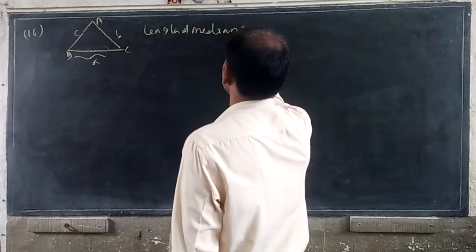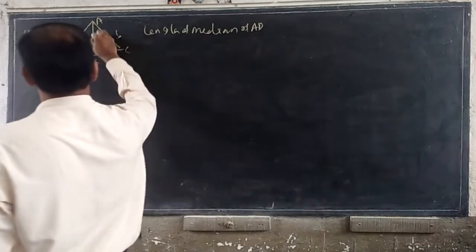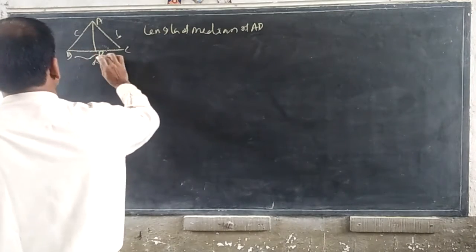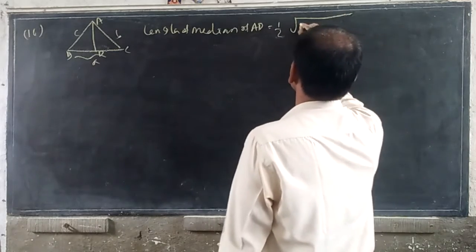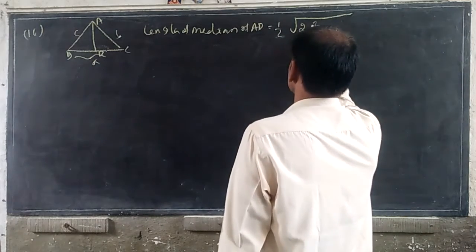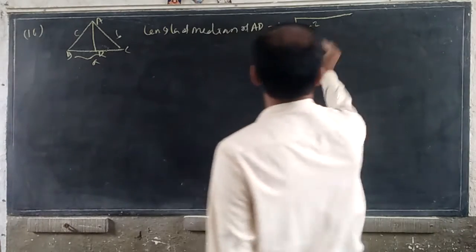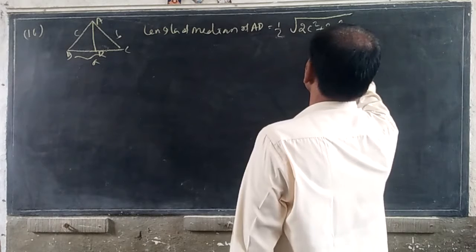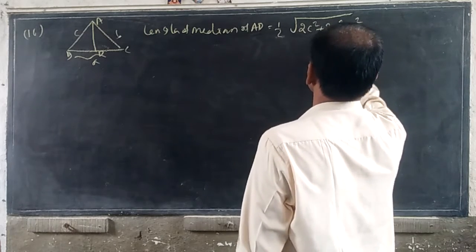Length of median AD, where this is D, is equal to 1 by 2 into root of 2c square plus 2b square minus a square.